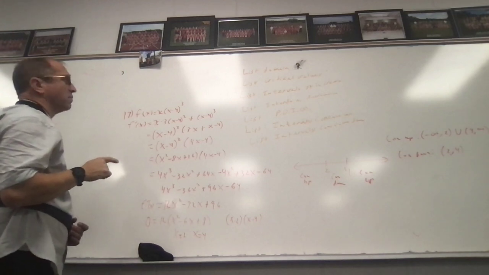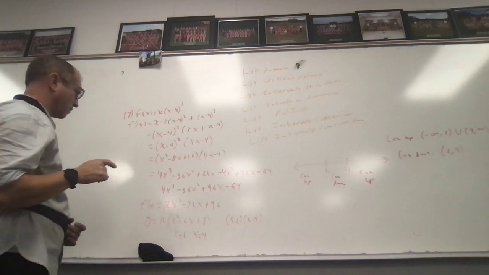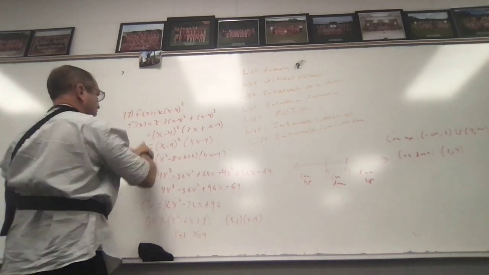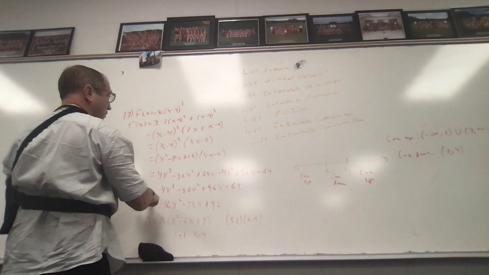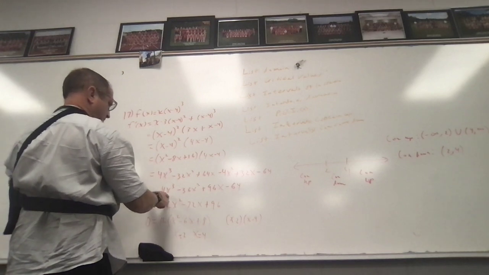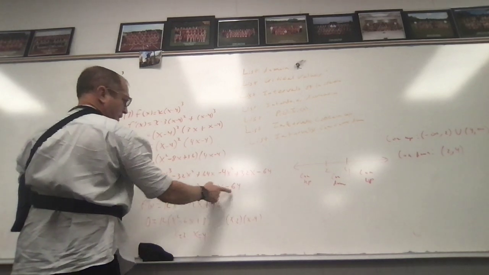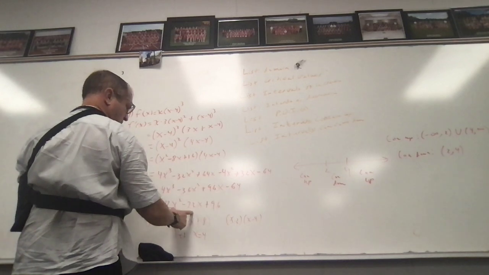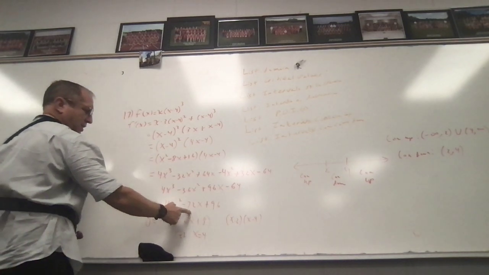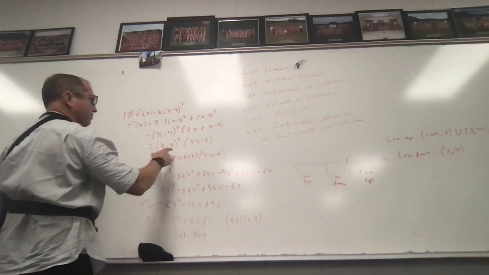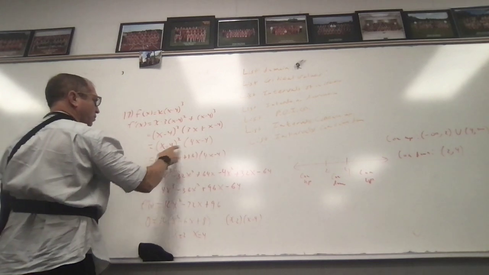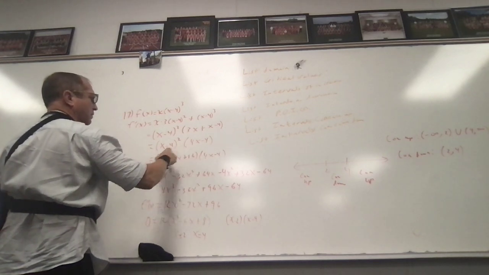Now let's go into looking at what the critical values are. We take this function right here, and I evaluated it down to here because it's going to make taking the second derivative easier. But if I want to look at my critical numbers, this step right here is a good place to look.